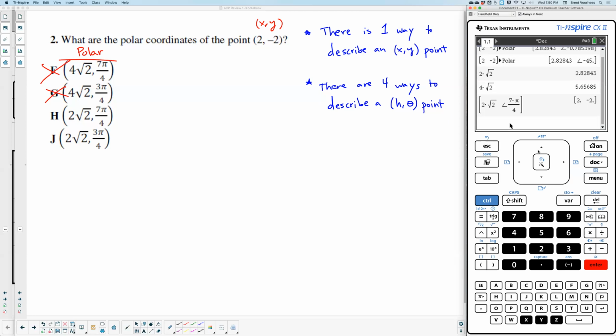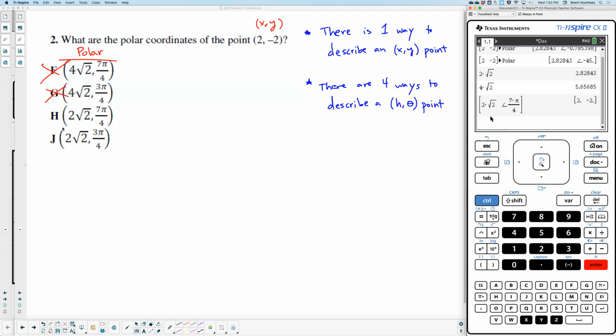So for this one, do I have to get that bracket, the angle symbol? I did Control Book, and you'll see it second row, third column. Does H look like it's the correct answer? H look good or bad? Looks good to me. I think H is good.